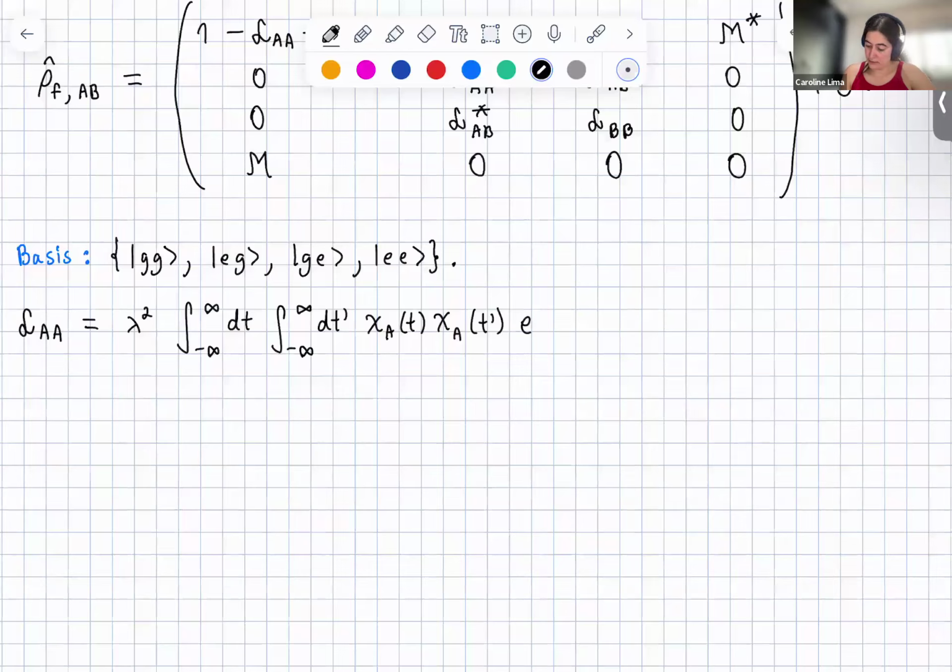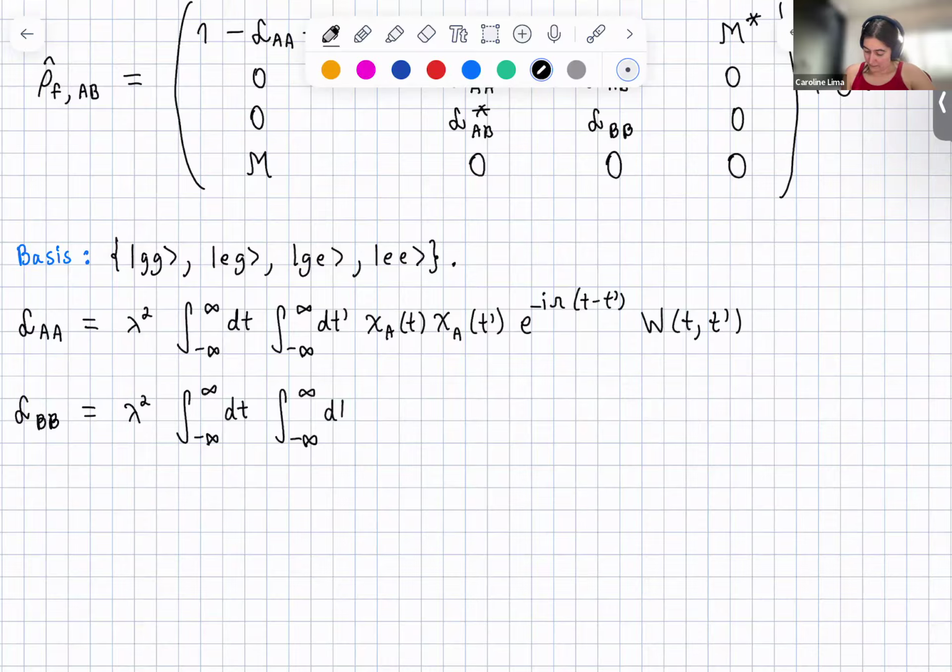And then I have e to the minus I omega t minus t prime times the Wightman function. And pretty much the same is true for B. So if I have LBB instead, it's going to be the same thing, but for chi B.